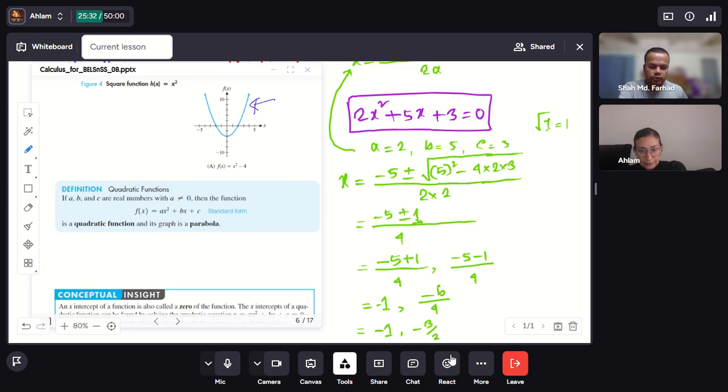So these are the two values of x. Basically, this is the process to solve a quadratic equation.